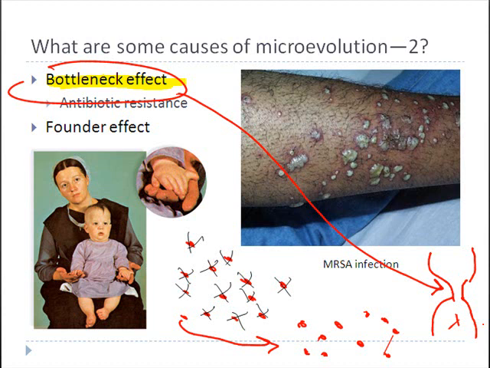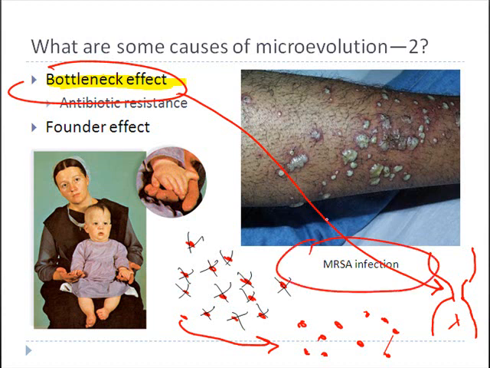So similar, in fact, that you can take skin from one cheetah and graft it onto another cheetah, and there is no rejection of the skin. In other words, there's no organ rejection. That means they're incredibly similar to one another. And that's not a good thing. If there's a disease to which cheetahs are susceptible, if that disease comes in contact with the cheetahs, it will not just wipe out a few individuals in the population, it will wipe out the entire species. And scientists are very afraid of that happening.